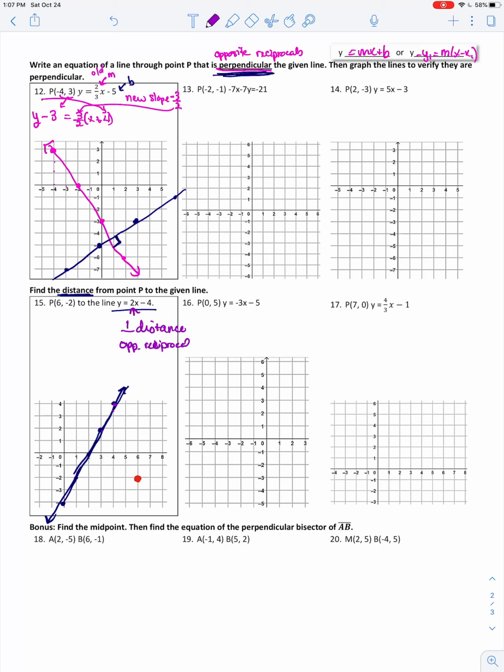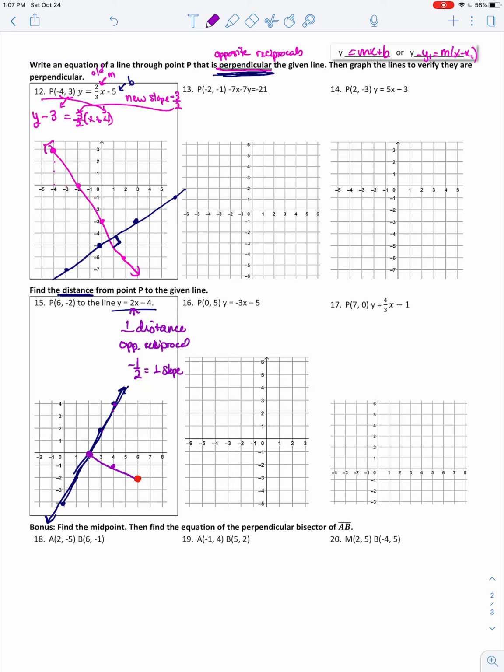So because the slope was 2 here, our perpendicular segment connecting it will have an opposite reciprocal, -1/2, for its slope. That means we would go down 1 over 2 or up 1 left 2.